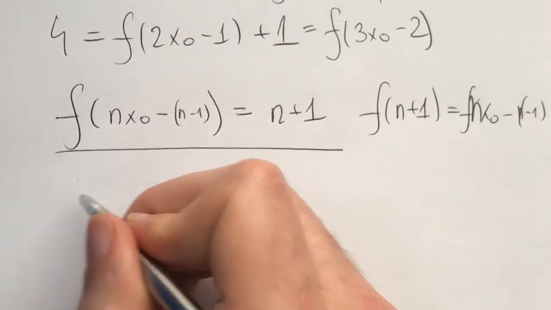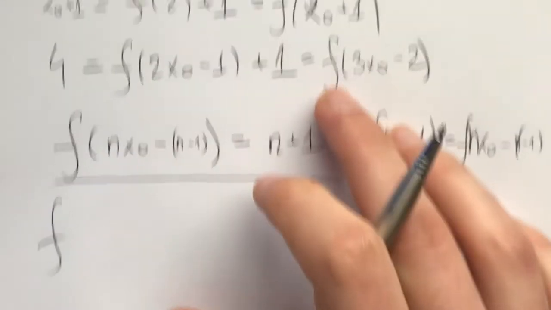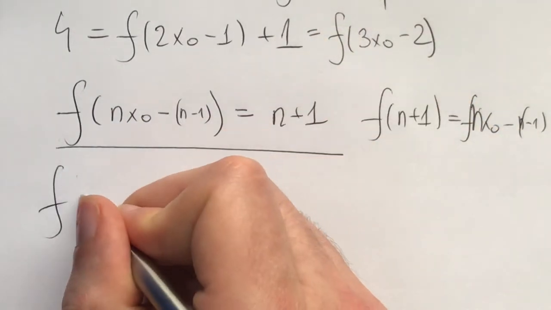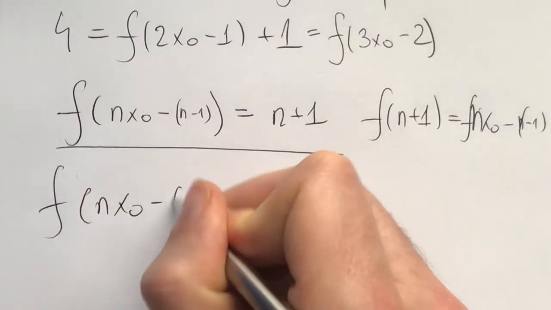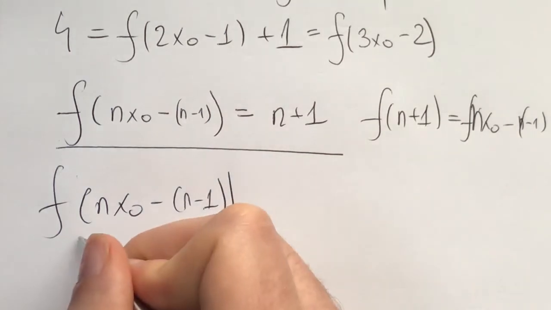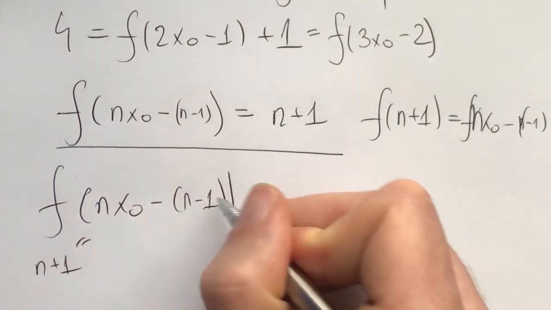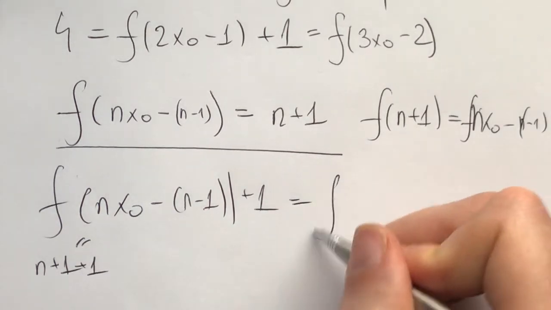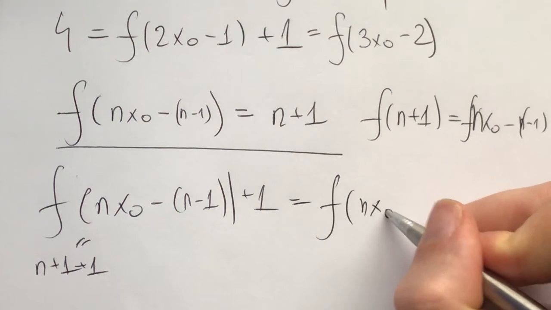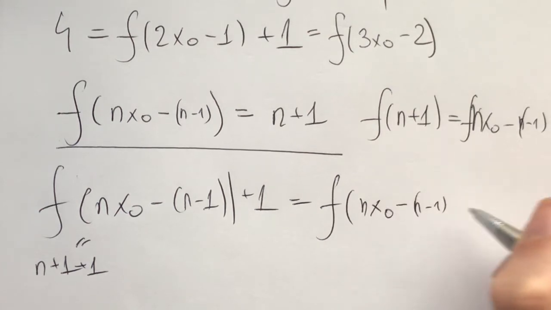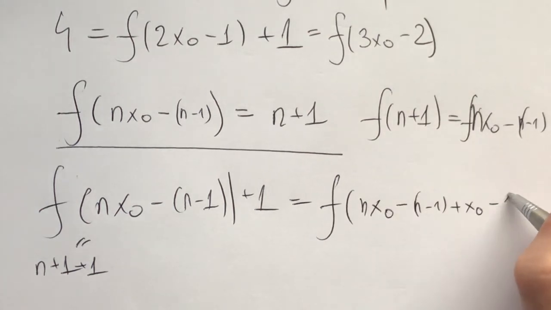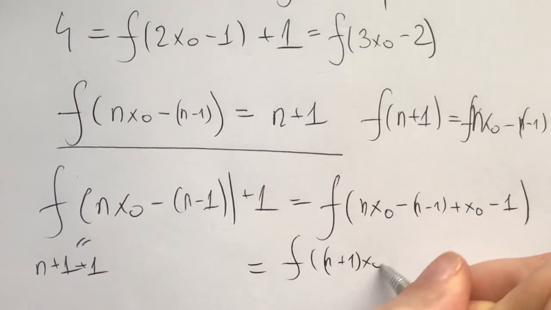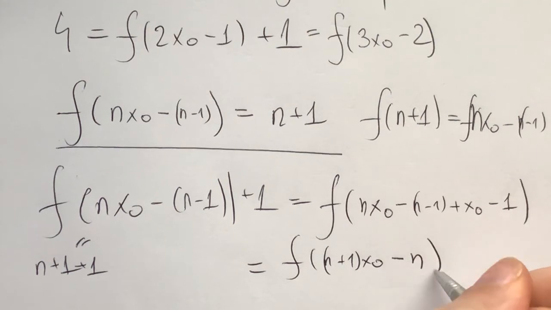But we also get, if we plug in b equal to nx0 minus n minus 1, we'll get f of nx0 minus n minus 1 plus 1, n plus 1 plus 1, is equal to f of nx0 minus n minus 1 plus x0 minus 1, which is f of n plus 1 x0 minus n.